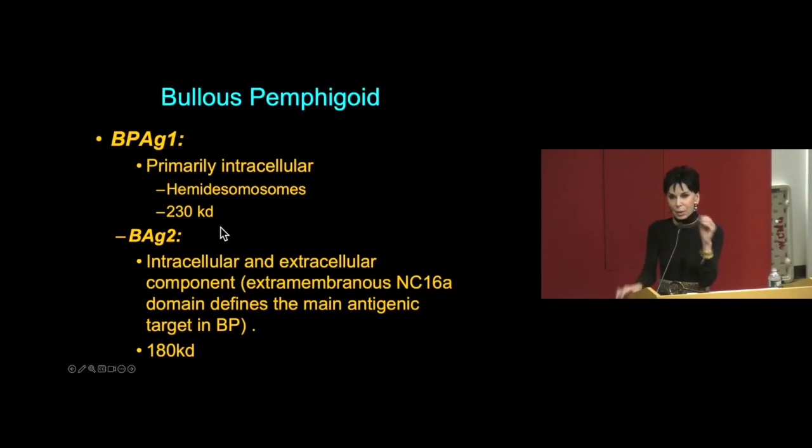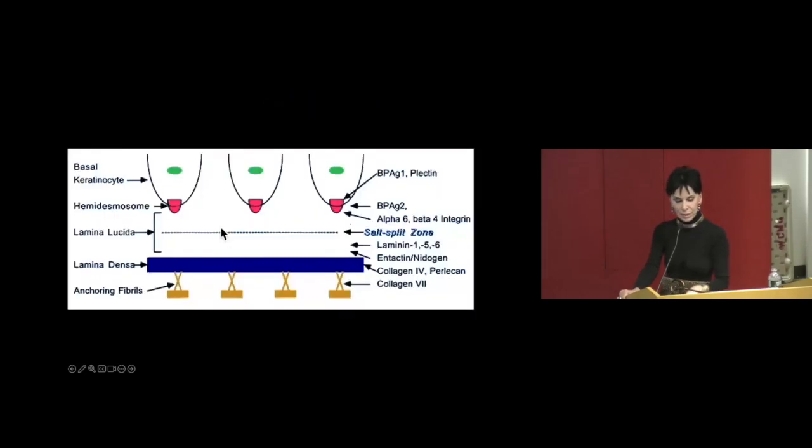And the part of the bullous pemphigoid antigen 2 that is antigenic in bullous pemphigoid is the extramembranous non-collagenous domain within the BP antigen 2. So it's actually a specific portion of the BP antigen 2 that is implicated in bullous pemphigoid.